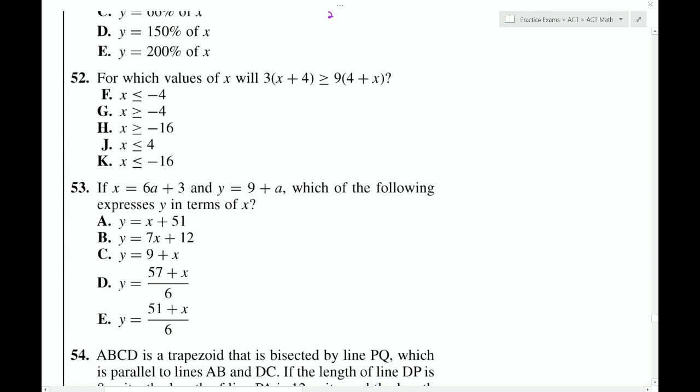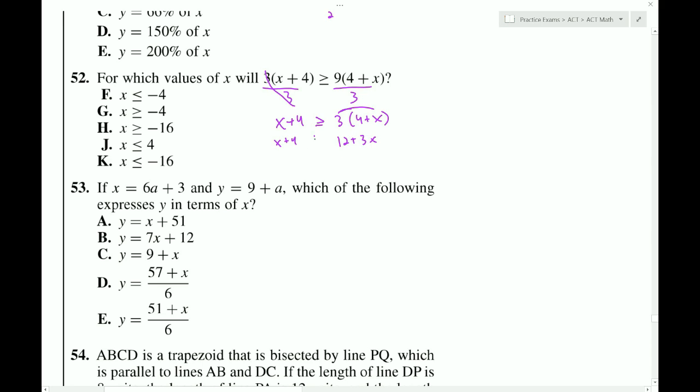For which values of x would this be true? So the first thing I would do is divide by 3 both sides. This cancels, right? So I get x plus 4 greater than or equal to 9 over 3 is 3. Okay. Then I could distribute the 3 here. That would give me 12 plus 3x.